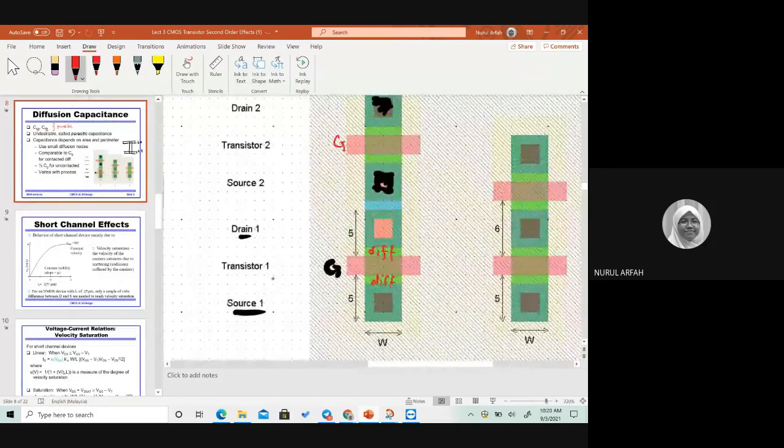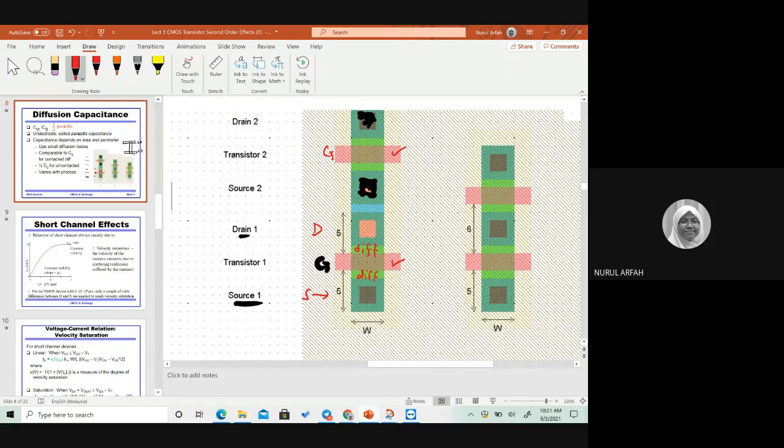So the gate is the red color, okay? And then you have the diffusion layer. And then down here, you have the source, and then this is a drain. So the source and drain should be contacted to the next layer, so that you will have the blue color here, which is actually the metal, if I'm not mistaken, because usually blue is for metal.